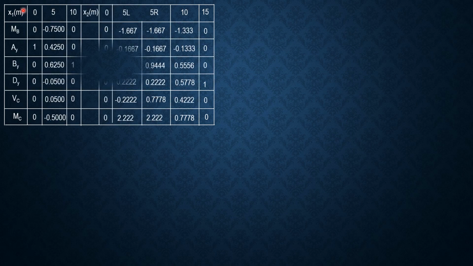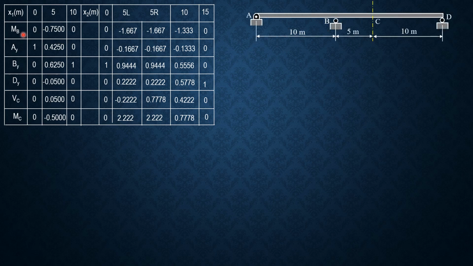So finally, let's have the plotted ordinates. Let's have the computed ordinates to the influence line ready for the construction of influence lines. Let's begin with AY. MB is not important, but we need MB to generalize the expressions for AY, BY, DY, V sub C, and M sub C.